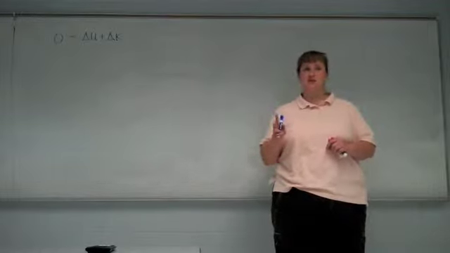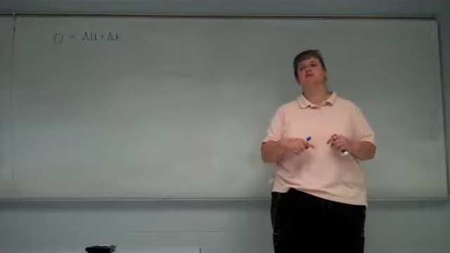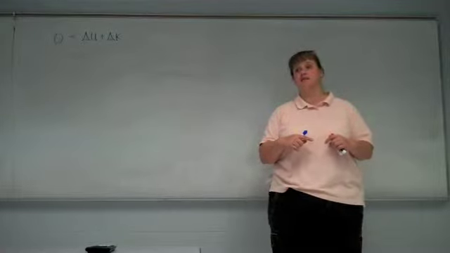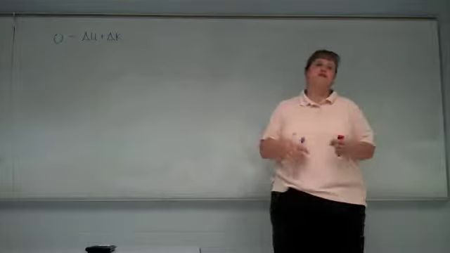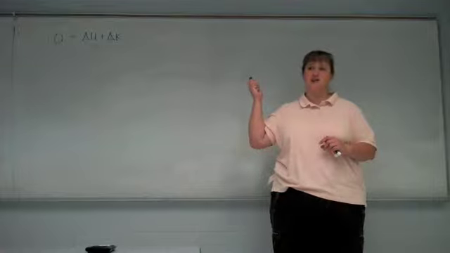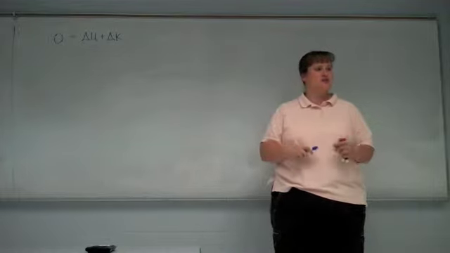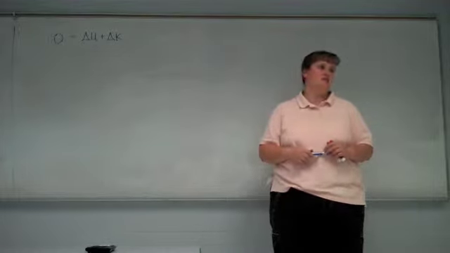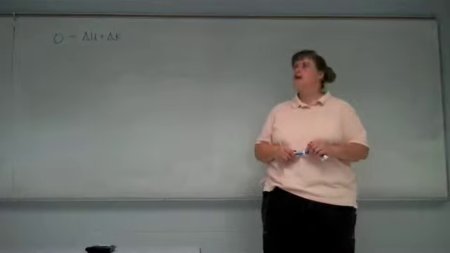Gravity and springs only transfer energy between potential and kinetic only. That's it. But friction, for example. If you have friction acting on an object, friction will take some of the potential and kinetic energy away and turn it into heat, thermal energy, for example.